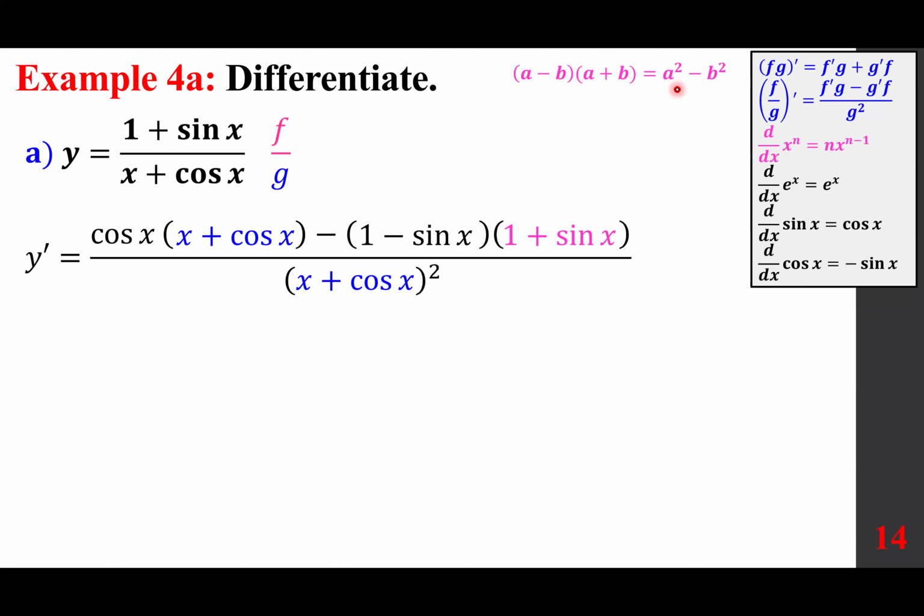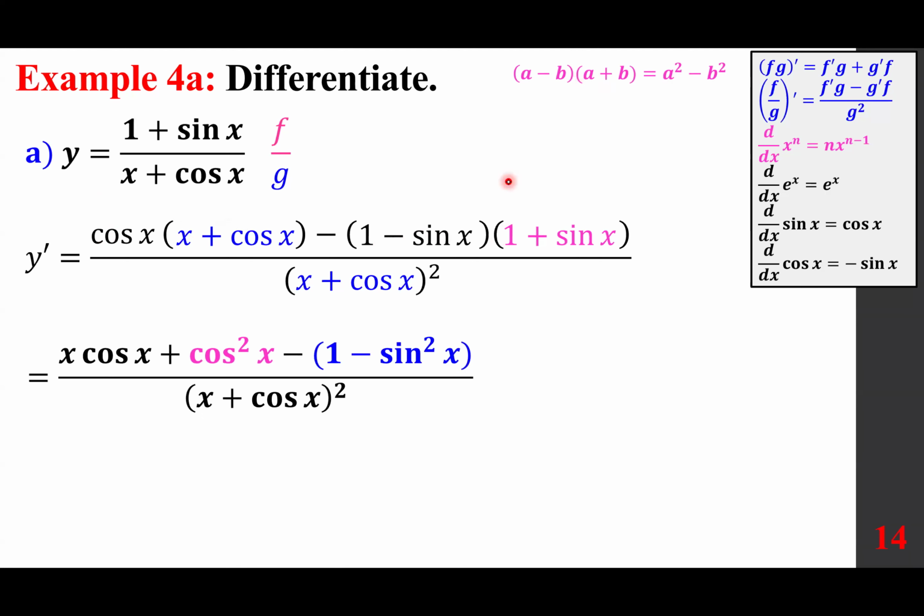The product is a squared minus b squared. So minus, this becomes 1 squared, which is 1 minus sine squared. So x cosine x plus cosine squared minus 1 minus sine squared.